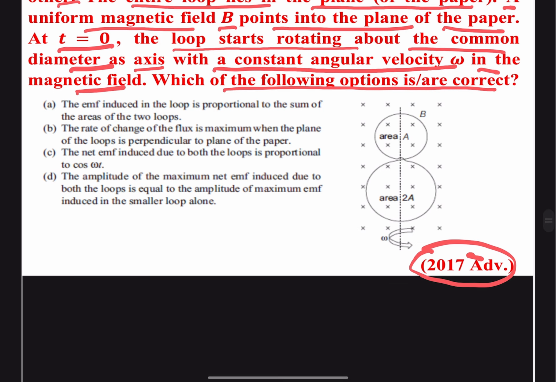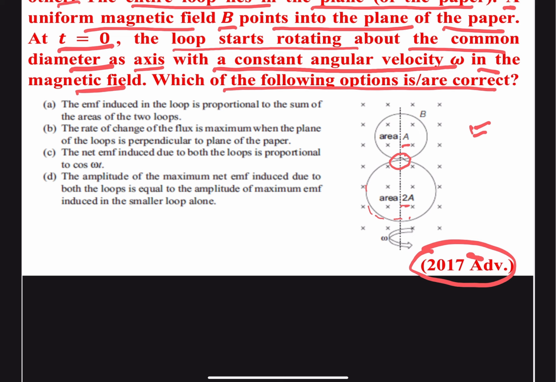So this is also a multi-correct option. So this is the given figure. So we have a loop which resembles an 8, only that at the point of crossing, they are not touching each other. Lower one is given as 2A, upper one area is given as A, and it is rotating along the common diameter in the magnetic field which is into the paper.